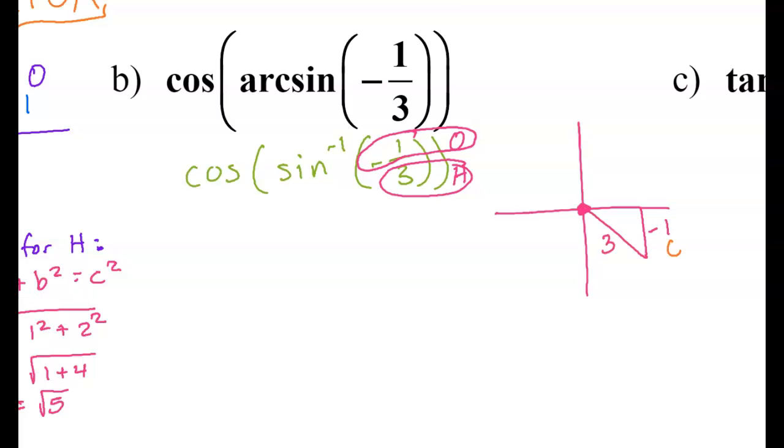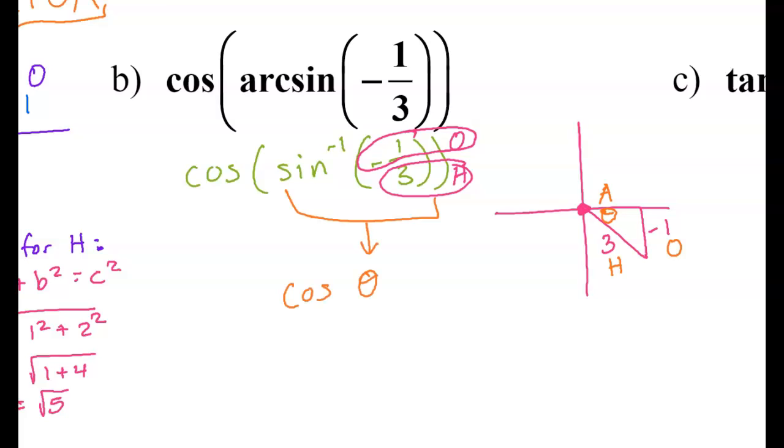So this is my O, this is my H, this is my theta, always on the origin. If I'm trying to find cosine, I am missing the adjacent. So inverse sine of -1/3 will give me theta.